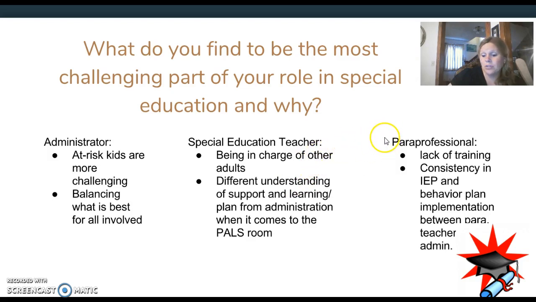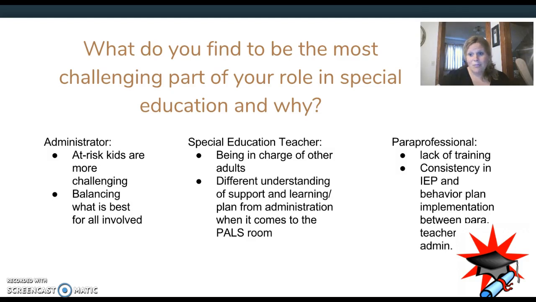The paraprofessional really felt that their challenge was lack of training. Our paraprofessionals come from 305, and there is training offered, but it's not enough, according to her. And then, of course, they struggled with the difference in the consistency of the IEP when it came to implementation.